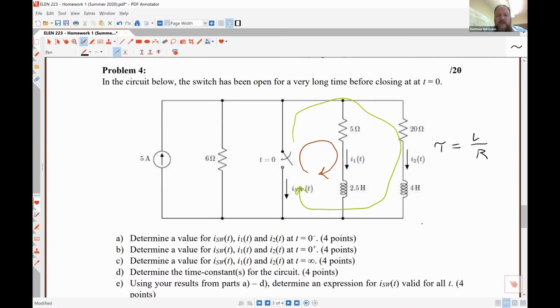And for part E, using the results from part A through D, determine an expression for I switch. You'll need to account for both these currents that are going to flow up through the switch, the contributions from the inductors, as well as the contribution from the 5 amp current source.